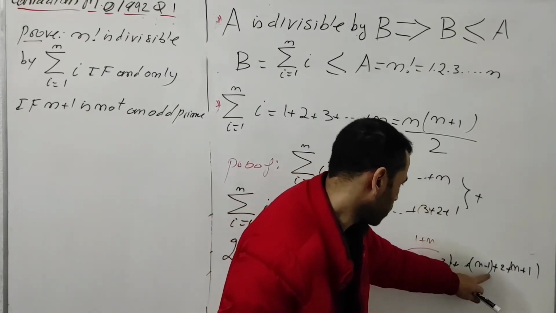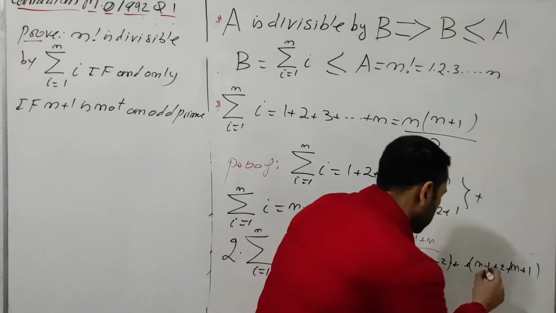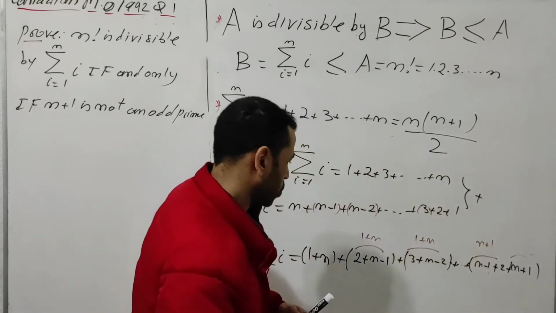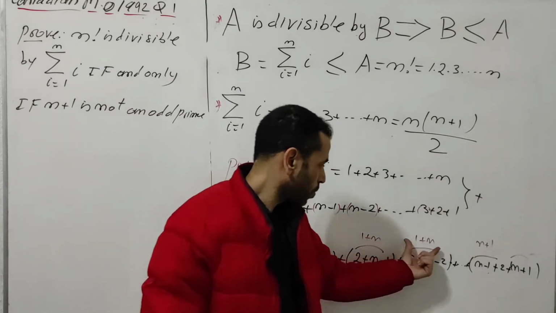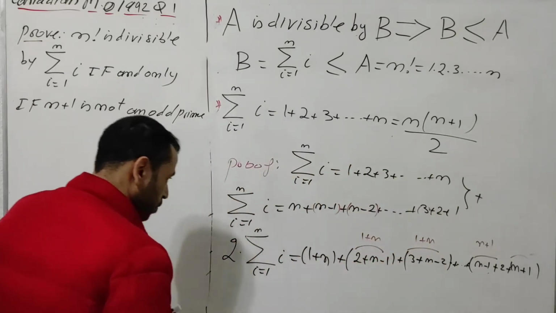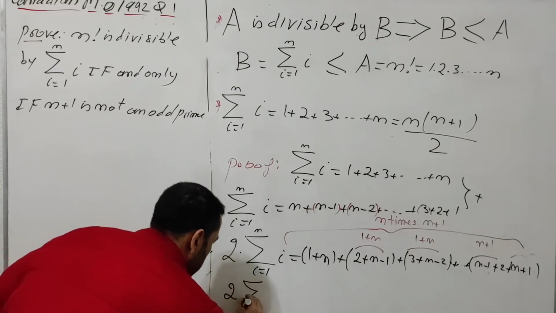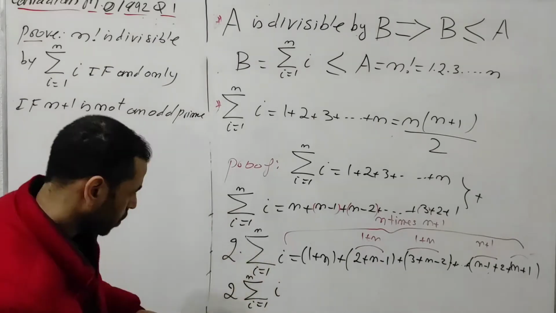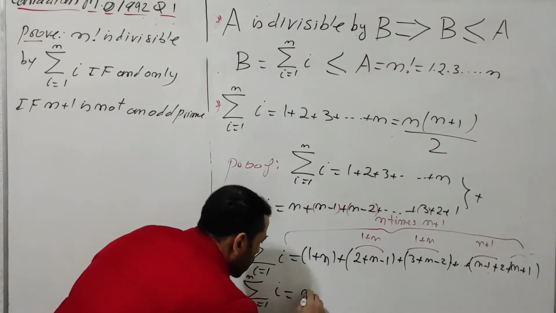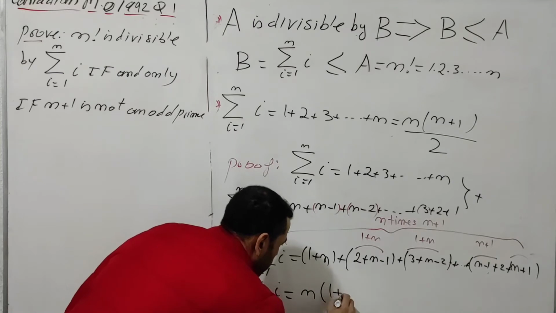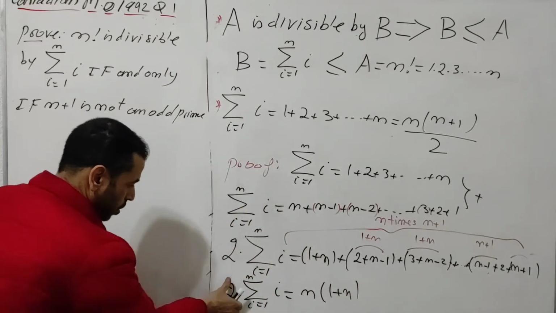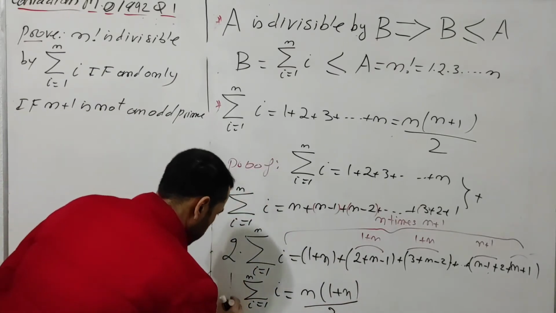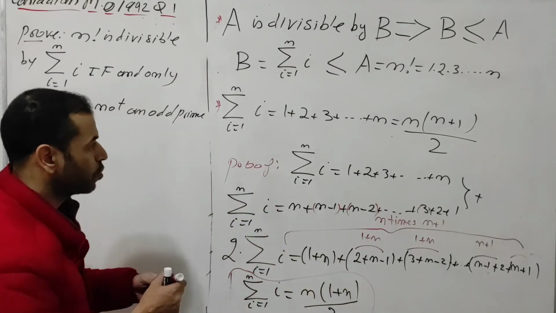For n minus 1 plus 2, I get n plus 1 as well. For the last term, I get n plus 1. So that means n multiplied by n plus 1. I get 2 multiplied by the sum of i from 1 to n equal to n multiplied by 1 plus n. By dividing both sides by 2, I get this expression. So I have proven this one.